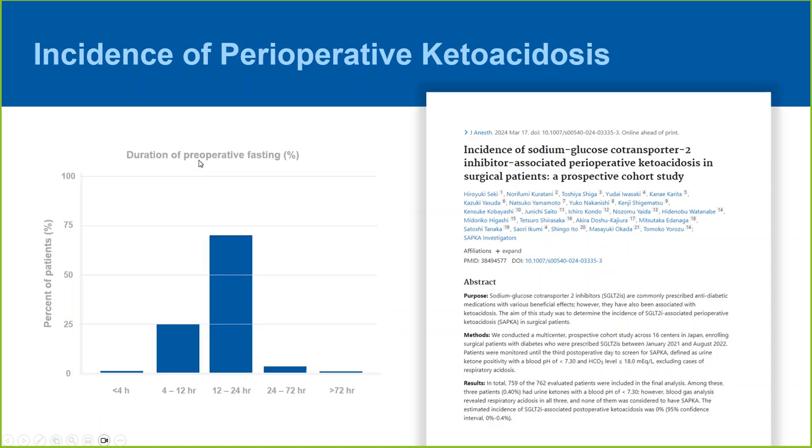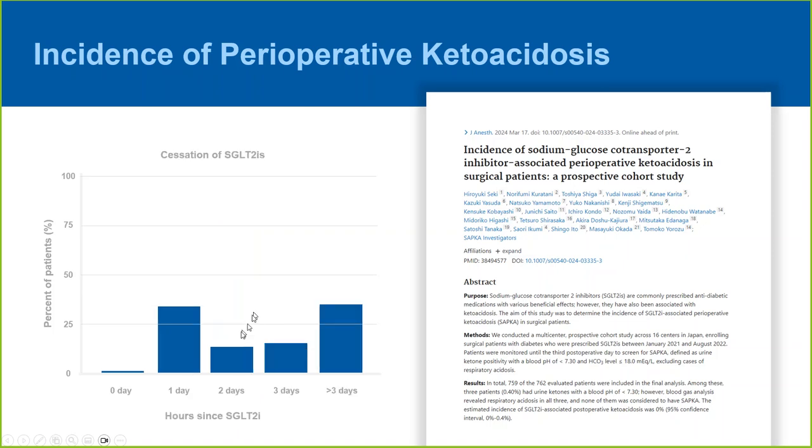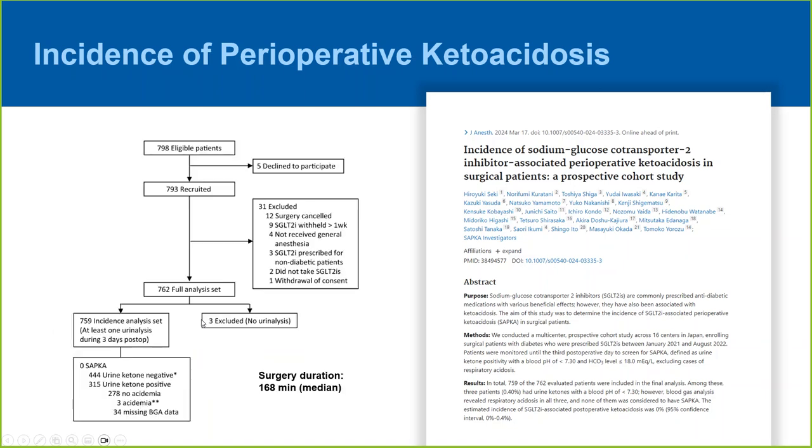And if we look at the procedures these patients were undergoing, the majority of them were fasting for at least 12 to 24 hours, and 35% of them had just stopped their SGLT2 inhibitor 1 day before the procedure. And once again, none of these patients went on to develop ketoacidosis.